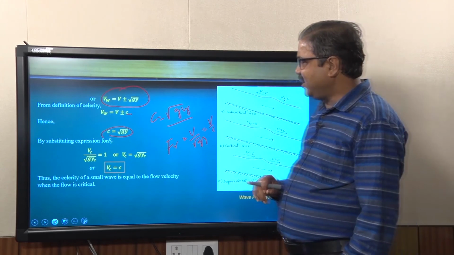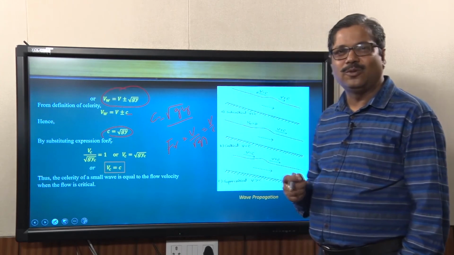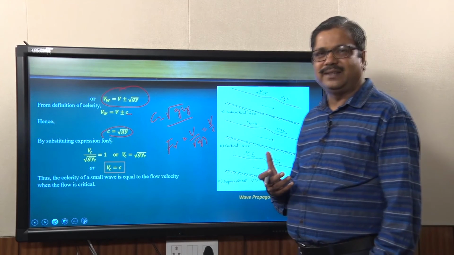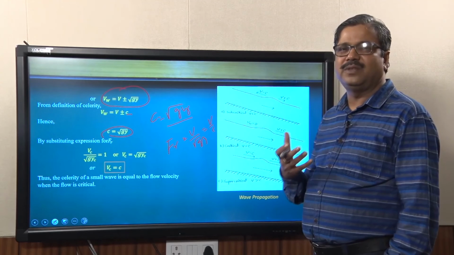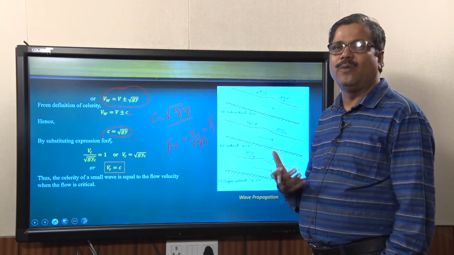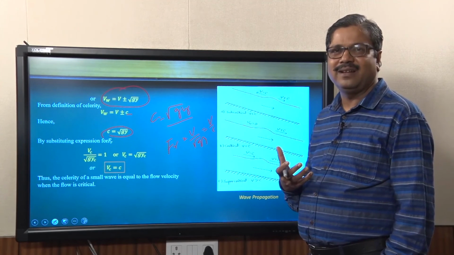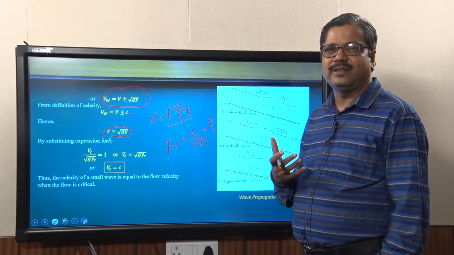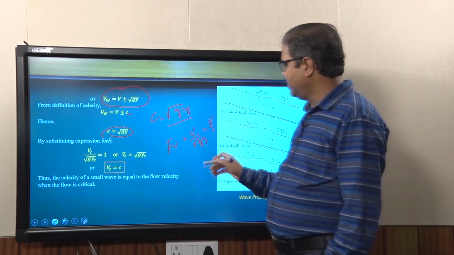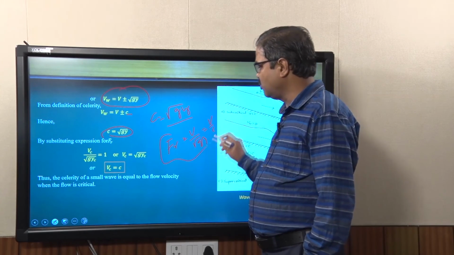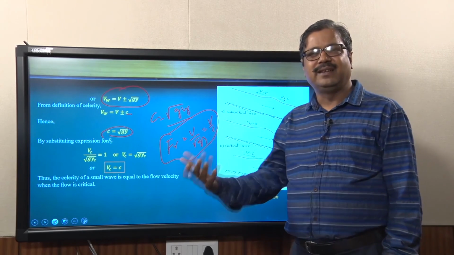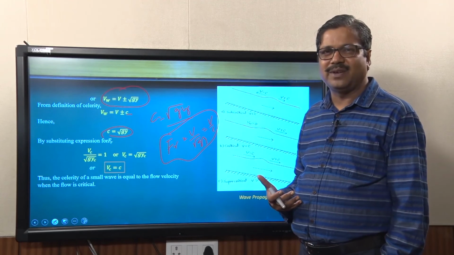If you look at it that way, the flow Froude number is equal to 1 when the wave celerity, the speed of the wave, is equal to the flow velocity. Then we have the condition that we call critical flow. Earlier we discussed that the Froude number is a ratio between inertia forces and gravity forces.